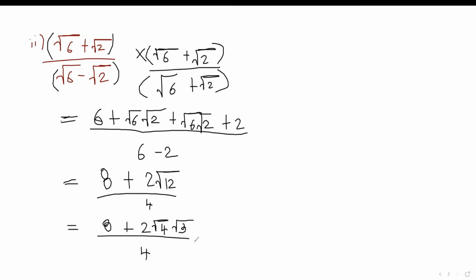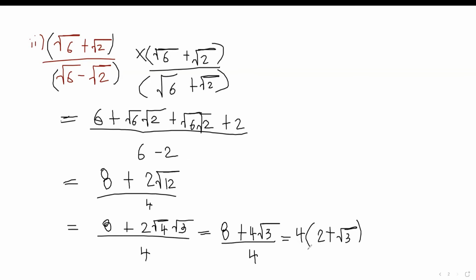Now this √4 is 2, so it ends up becoming 8 plus 2 times 2 is 4. So that becomes 4√3 over 4. And then finally, you can factor out a 4.